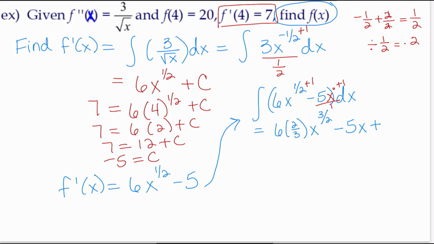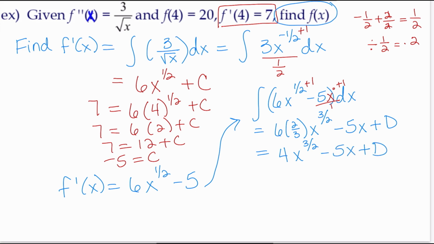I'm not going to use c because I just used c in the same problem, so I'm going to go ahead and go to the next letter, which is d. So now 6 times 2/3 means 12 divided by 3, which is 4. So I get 4x to the 3/2 power minus 5x plus d.